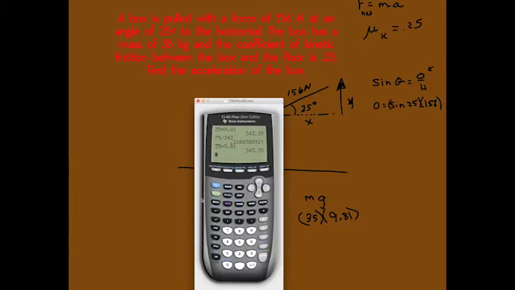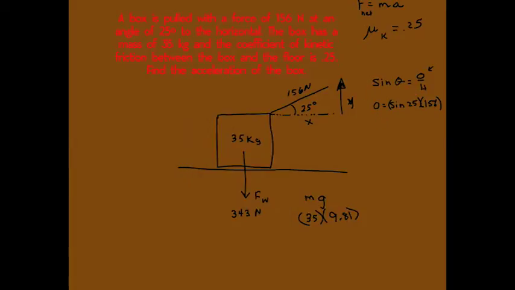So I'm going to do sine of 25 times 156. It's close enough to 66 that I'm going to call that 66. So this opposite side is 66 newtons. So part of my normal force is taken up with this 66 newtons.